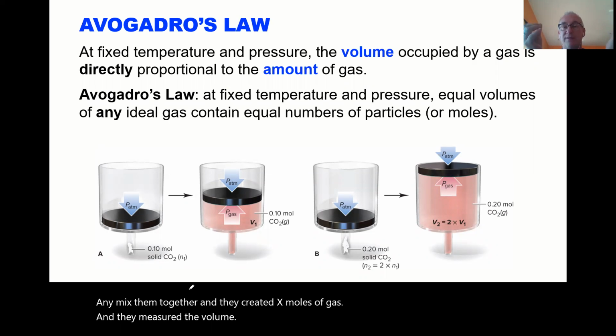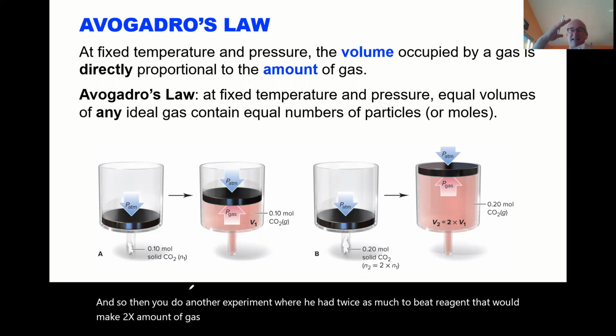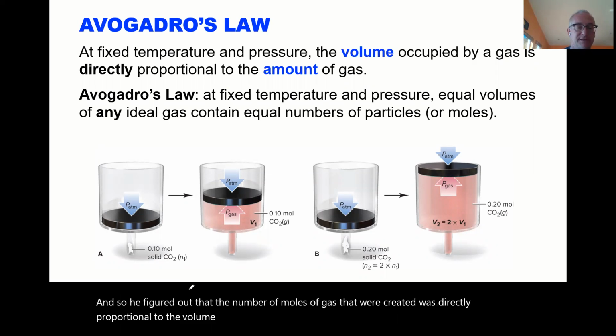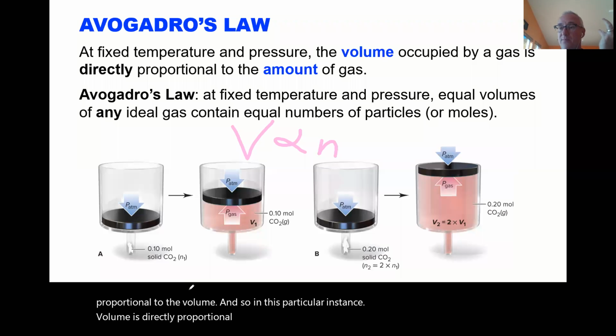Then he would do another experiment where he had twice as much of each reagent that would make 2x amount of gas, and he noticed that the volume was exactly twice as much. And so he figured out that the number of moles of gas that were created was directly proportional to the volume. So in this particular instance, volume is directly proportional to N, the number of moles.